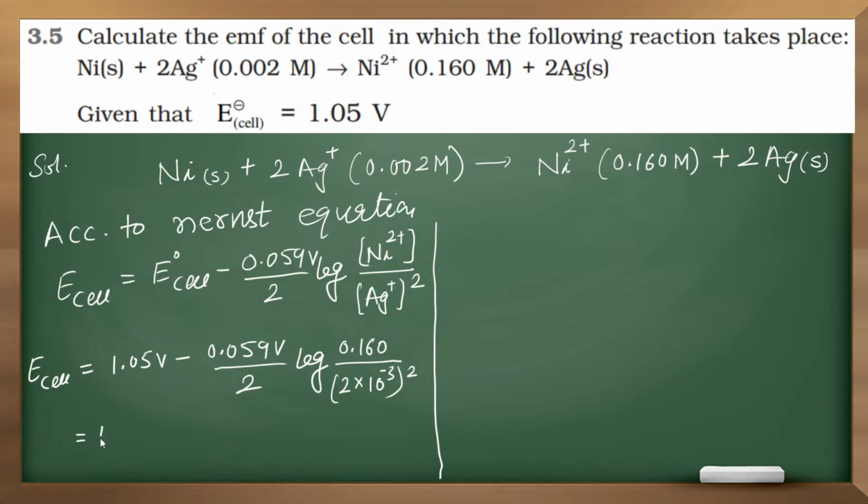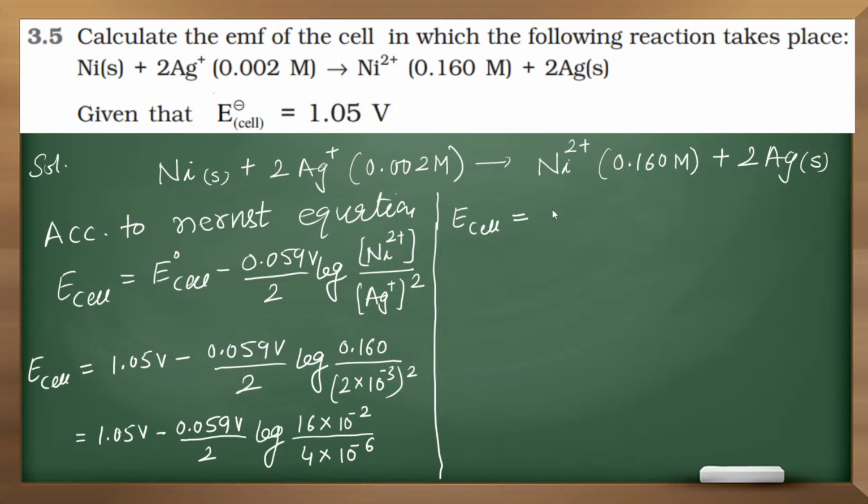So in this way, it is 1.05 volt minus 0.059 volt over 2 log of, take it as 16 into 10 raised to power minus 2 divided by 2 to the 4 into 10 raised to power minus 6.